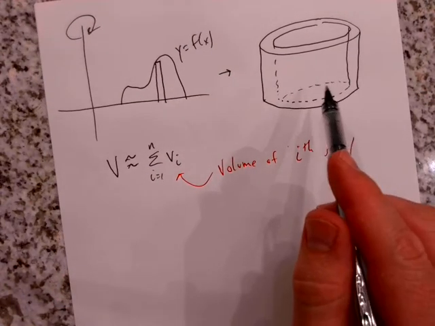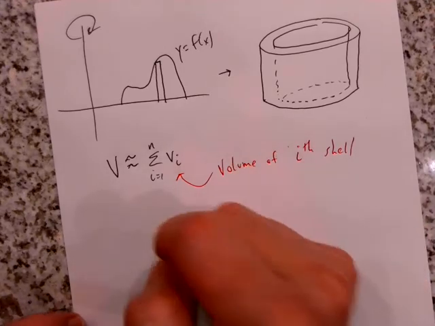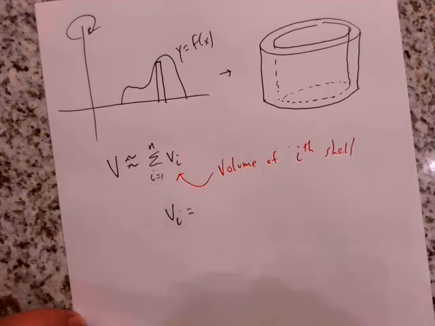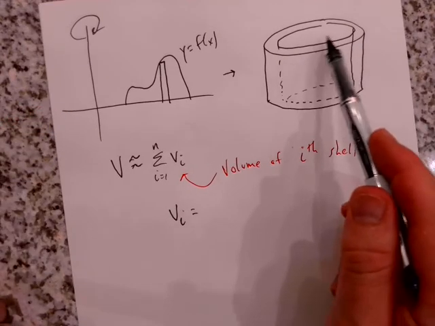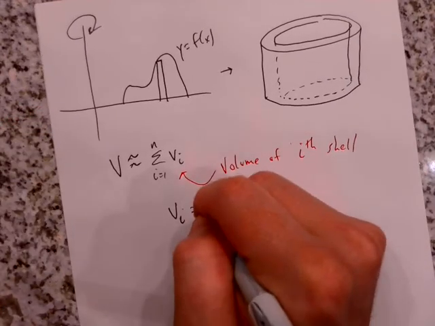Right, and if this is the ith shell, the volume of the ith shell is the volume of the big cylinder minus the volume of the cylinder that's being subtracted.